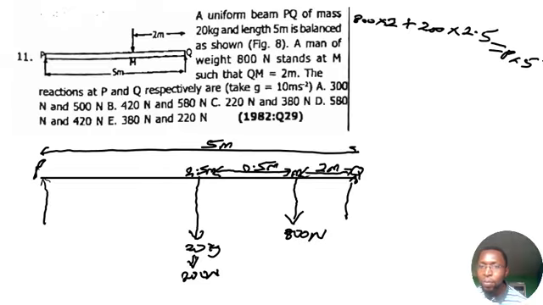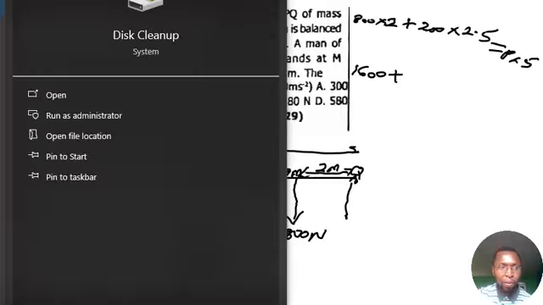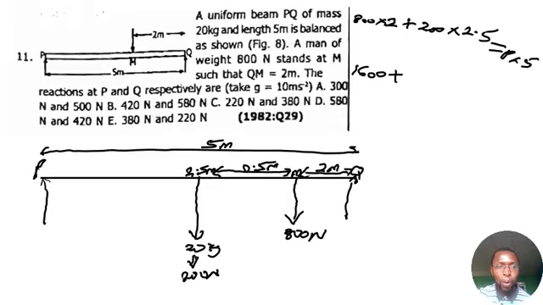All right, so this one is 800 times 2, which is 1600, then plus 200 times 2.5. When you multiply 200 by 2.5, that should give us 500.